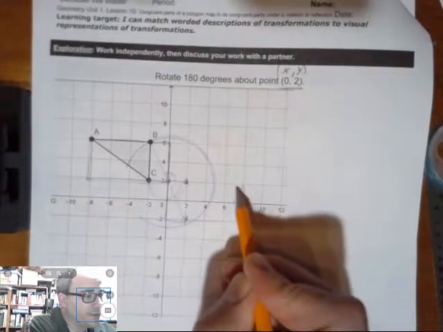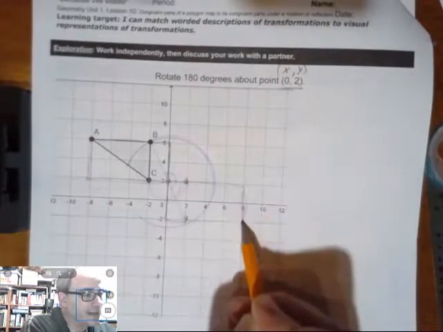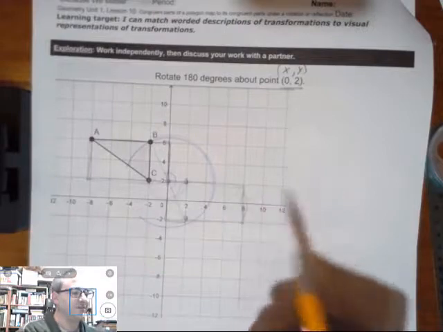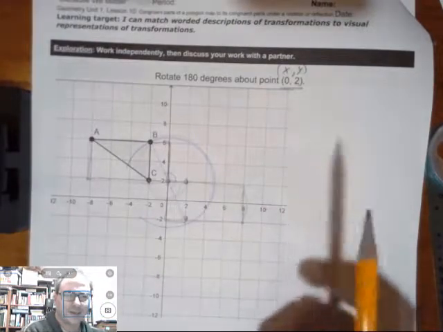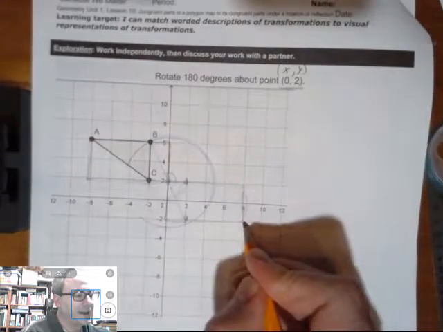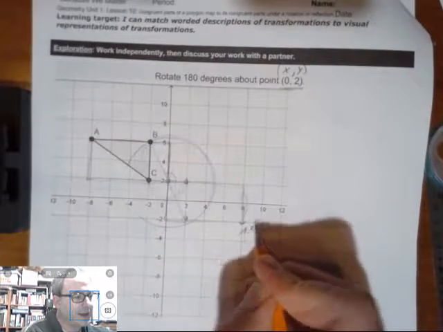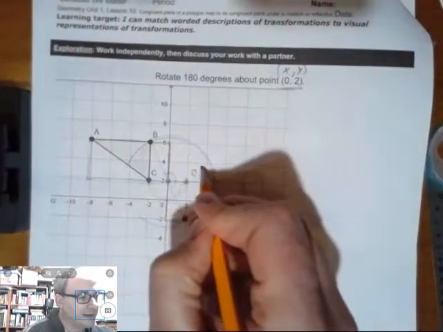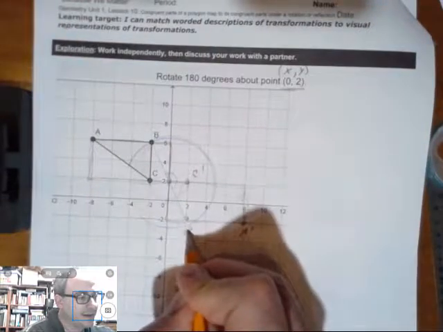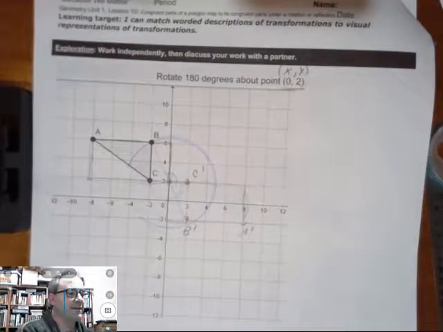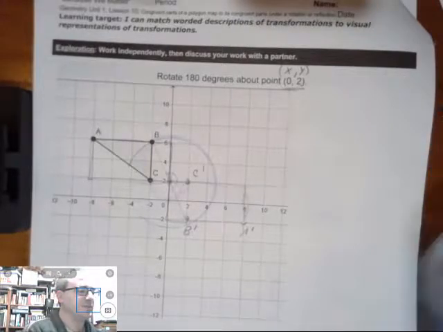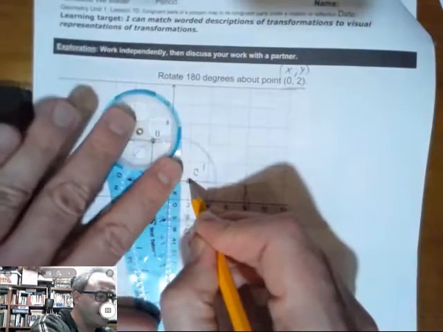So this is my new box as it gets rotated. For some reason, it's really easy for me to see rectangles get rotated along a corner, and it's really easy for me to place. Okay, A is here, my A prime. This is my C prime. This is my B prime. All right. It's really easy for me, for some reason, to envision those boxes and rotate them in my head. If you need the compass, use the compass. It's okay.